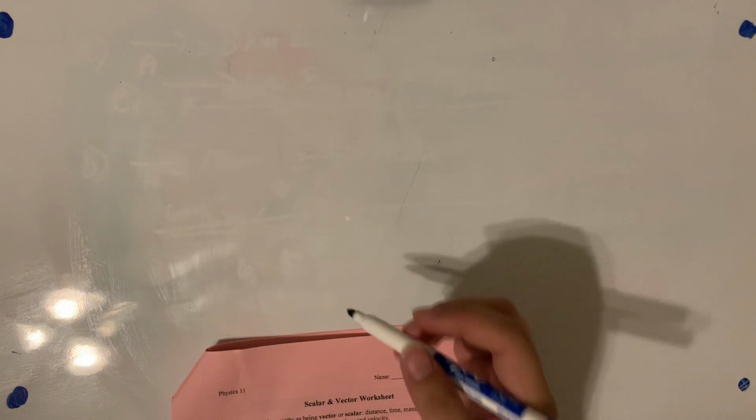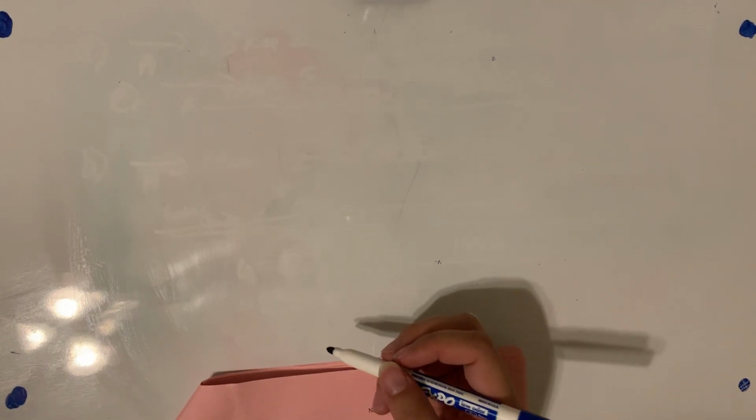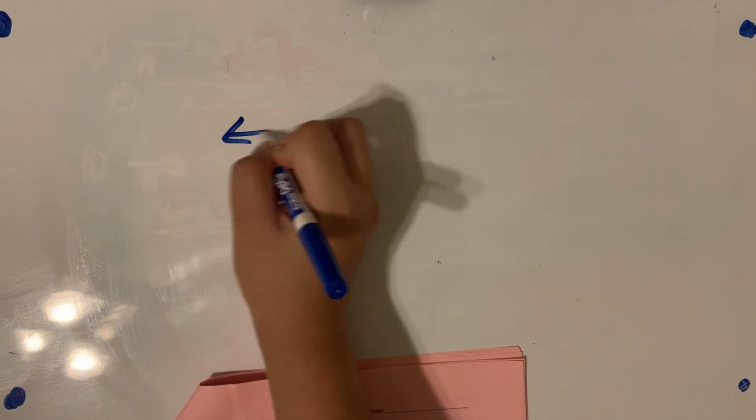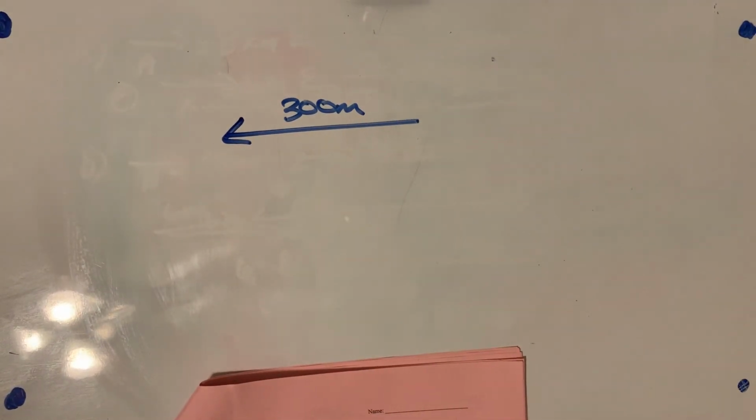So draw everything. Like I said, draw. So start off, she ran 300 meters due west, 300 meters.